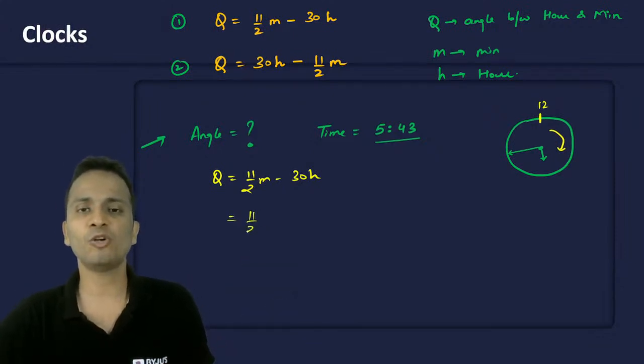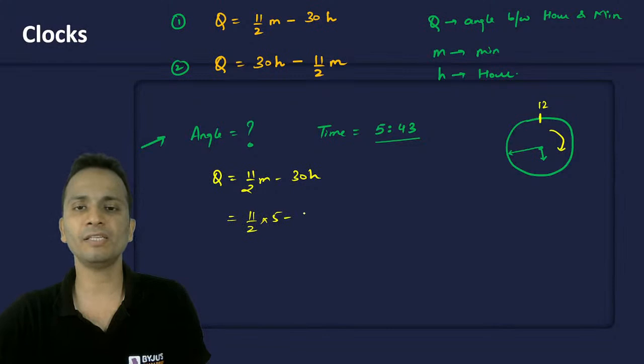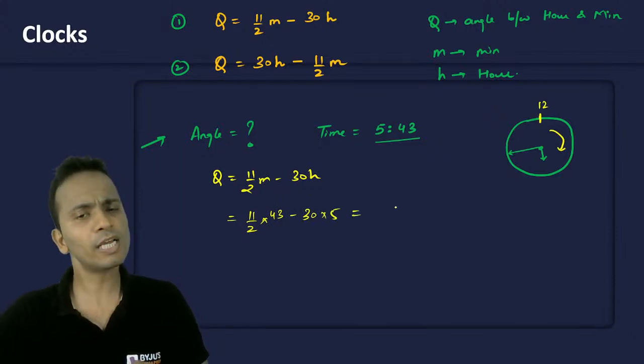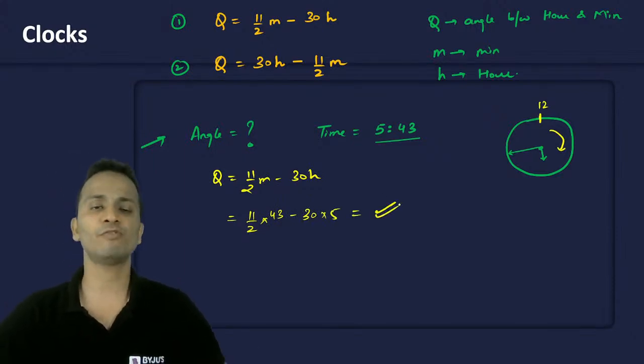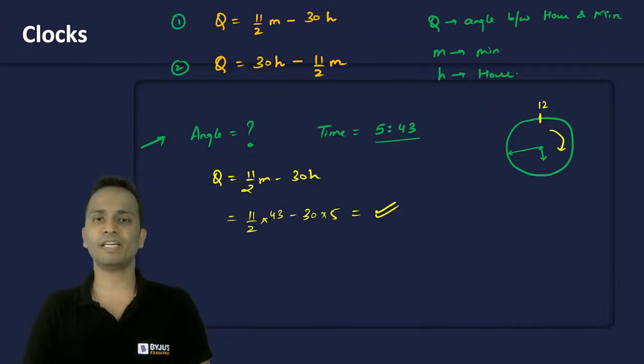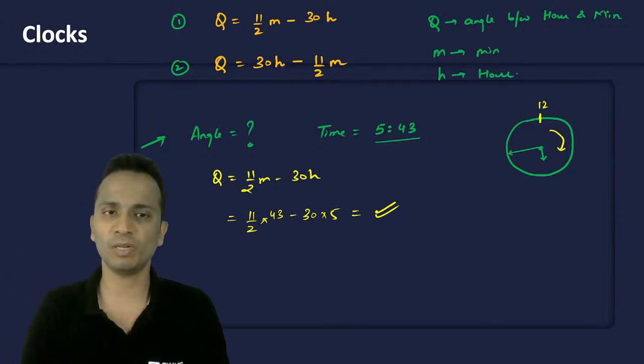So 11 by 2 multiplied by 43, m is 43, minus 30 into 5. Do the calculation and it will be the angle between hour hand and minute hand at the given time. So this is how we will be using this formula.